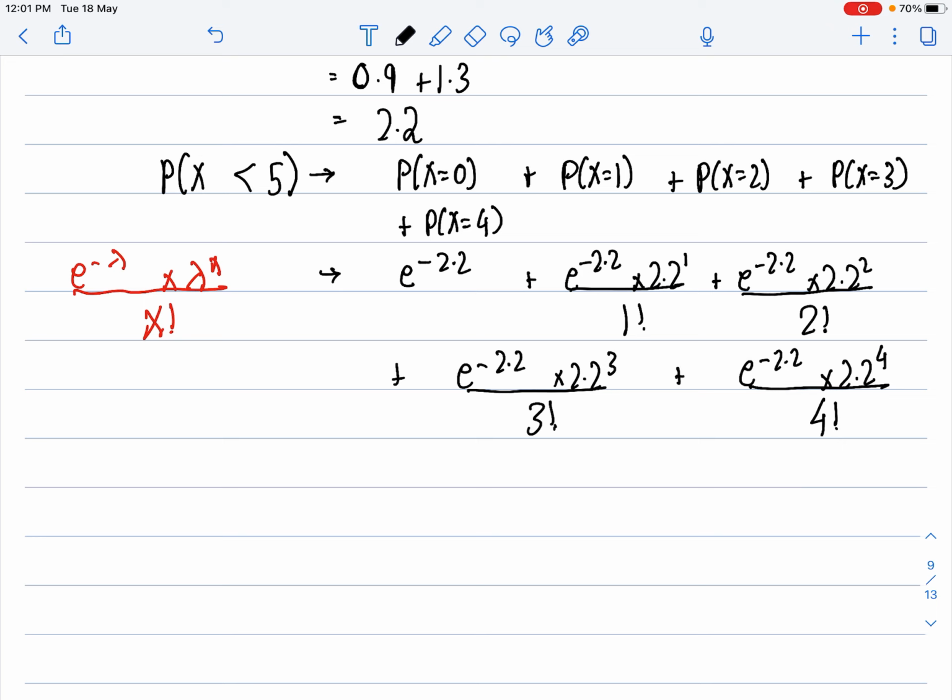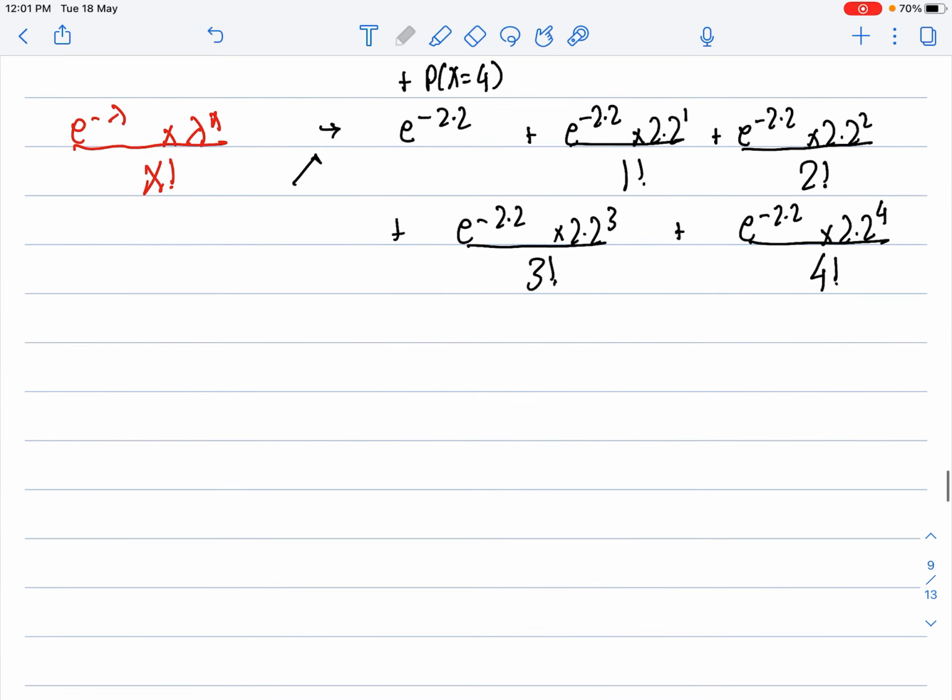Now see, you have written all the steps till here. Now, you can sit and solve this full thing on the calculator, you can write everything. But I can give you a simpler method.